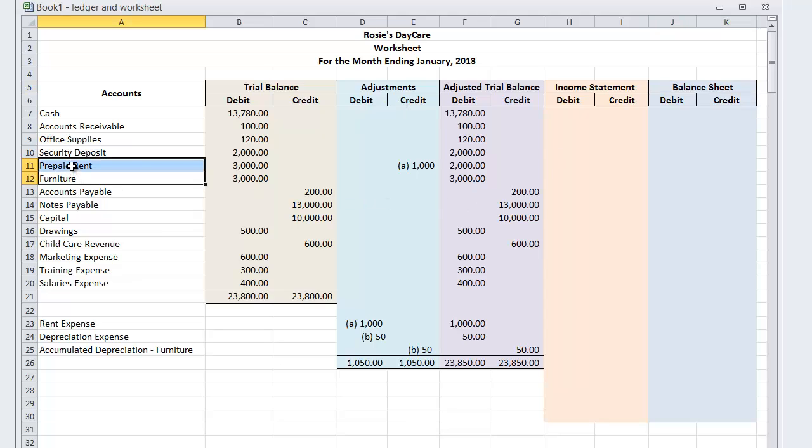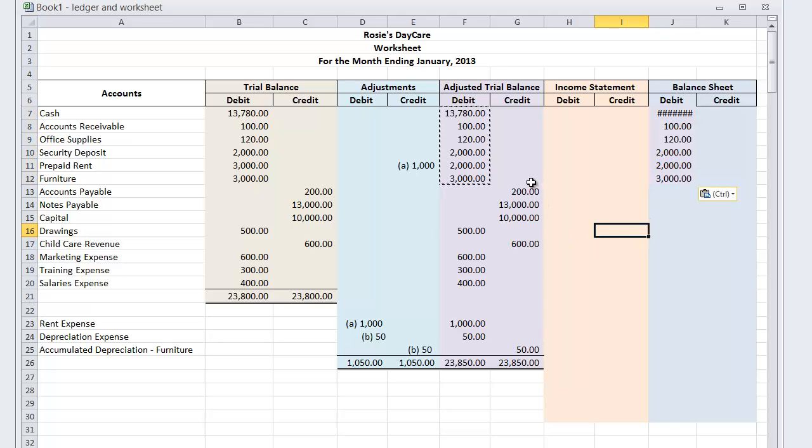Usually it's fairly easy because we know that the first accounts that we had here were the balance sheet accounts, so cash, accounts receivable, office supply, security, and stuff like that. They are actually assets, and assets go in the balance sheet. So these ones here, we can just copy and paste to the balance sheet.